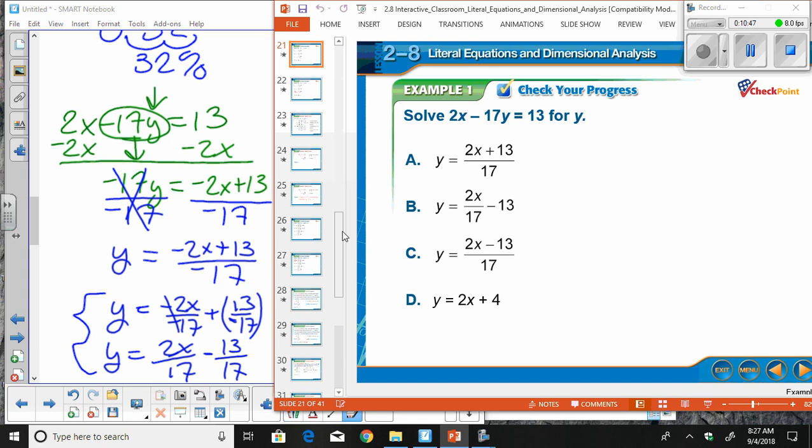Here we are. Either answer in this case is right. You can leave it with the negative 2x plus 13 over negative 17. If you notice, they don't have that up there. Why? Because they took care of these right here. They took the negative through, and they divided by a negative here, and they divided by a negative here.